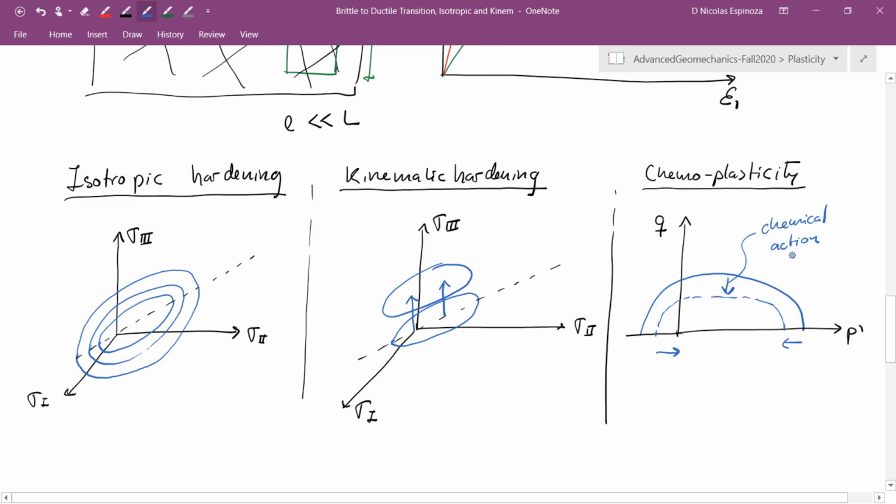Hydrate-bearing sediments usually have these ice-like structures that are called hydrates, and upon depressurization, that solid hydrate can disappear and cannot contribute anymore to the strength and the stiffness of the sediment. So after that change, I have a new material which is weaker than what I had before. And in order to solve these problems, you need to consider these effects, and it goes into the field of chemoplasticity.